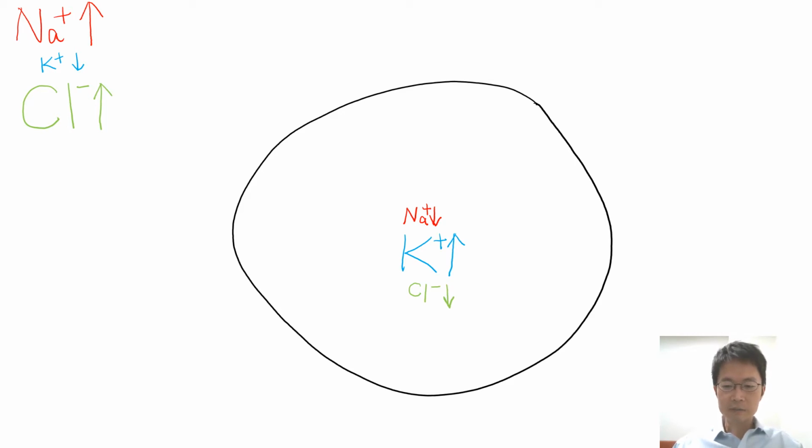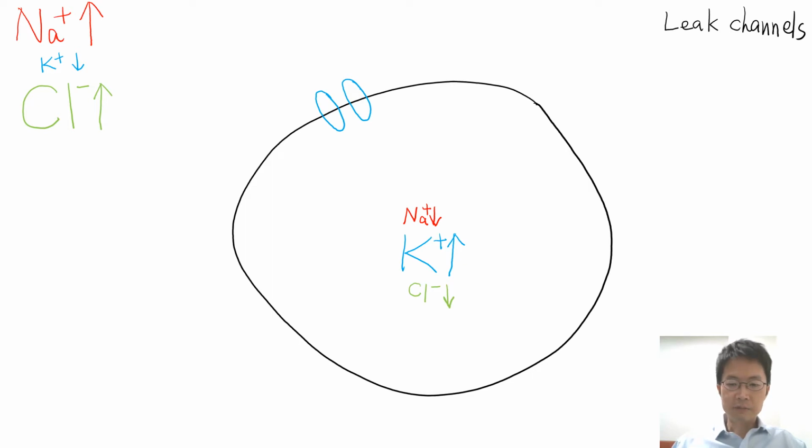Then let's talk about potassium first. Well, in a neuron, we have something called leak channels. Leak channels are membrane proteins, and as you know, a channel allows ions to go through.